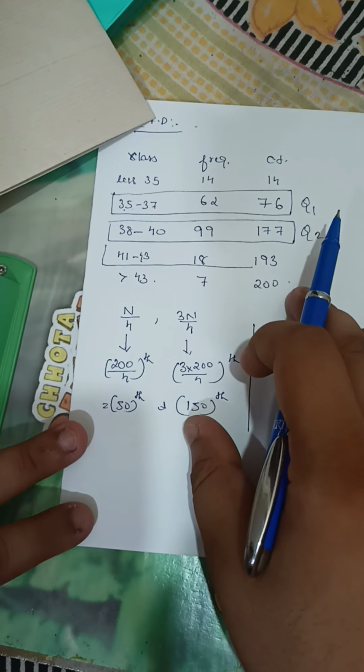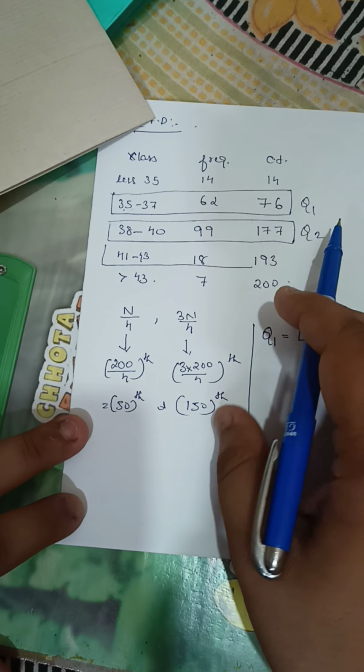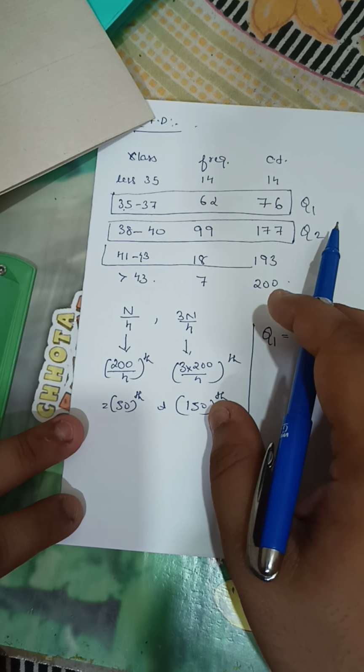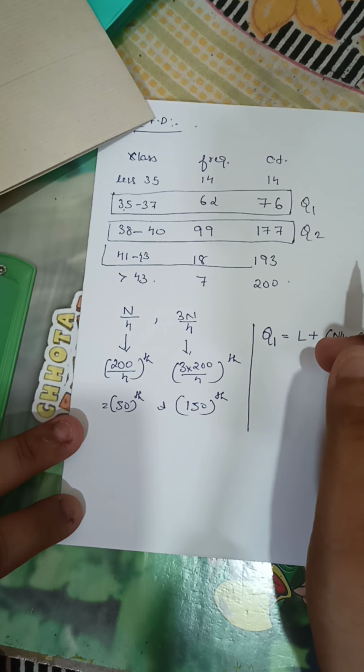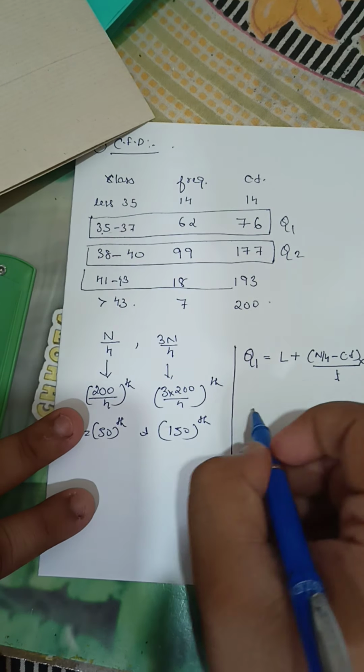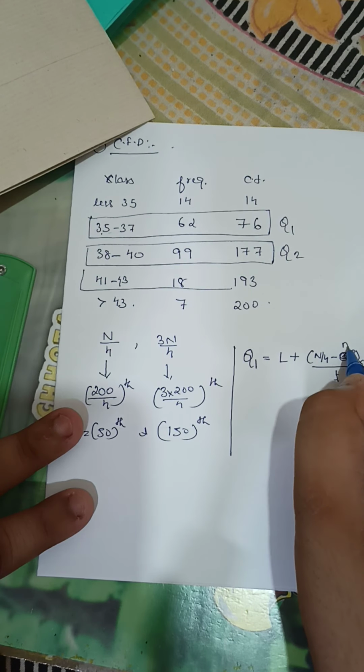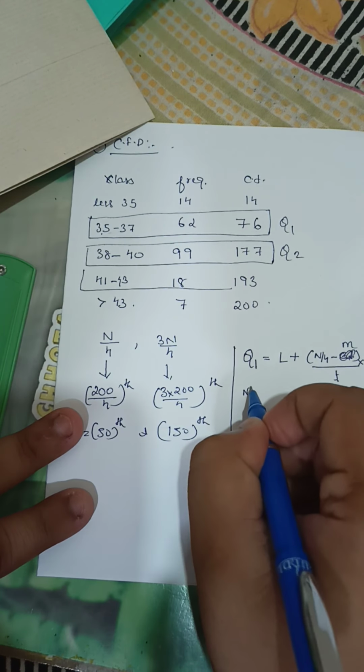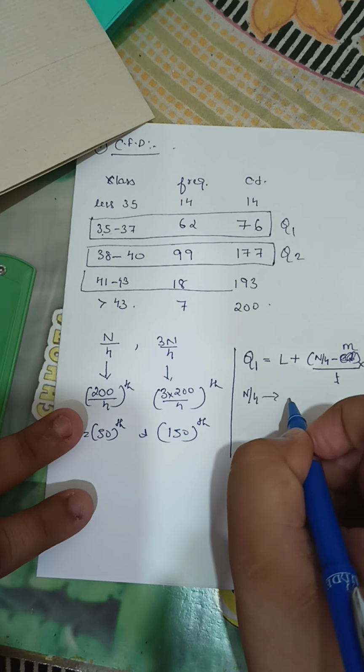Okay, so here CF is nothing but, let me write it as M. Here n by 4 is the total number divided by 4.